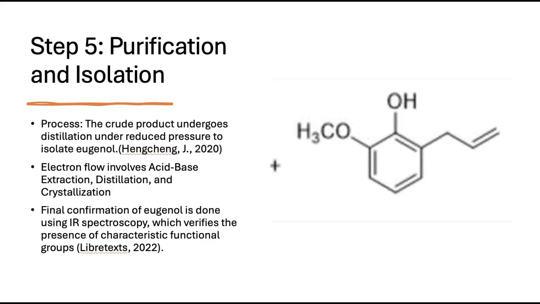Finally, crystallization helps to further purify it by slowly solidifying eugenol from a solvent. These steps ensure we get a high purity eugenol for its use in medicines. Electron flow involves acid-base extraction, distillation, and crystallization. Final formation of eugenol is verified using our instrument of IR spectroscopy, which verifies the presence of characteristic functional groups.